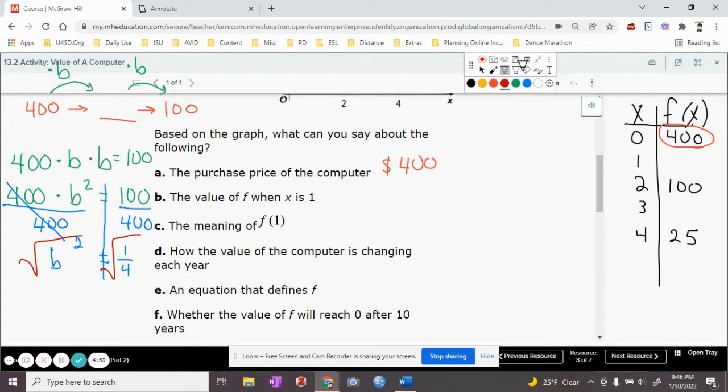So the square root of b squared, so what number times itself is b squared? Well, b times b is b squared. What number times itself is 1/4? Now you can use a calculator to do this if you want to. Let me find my calculator app.